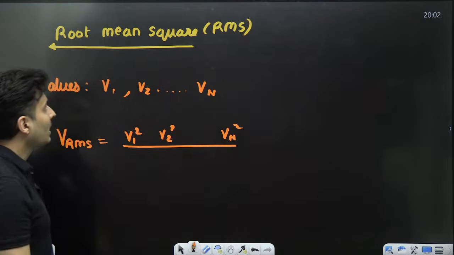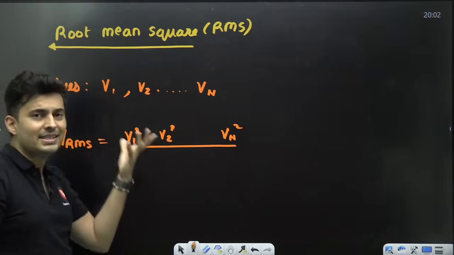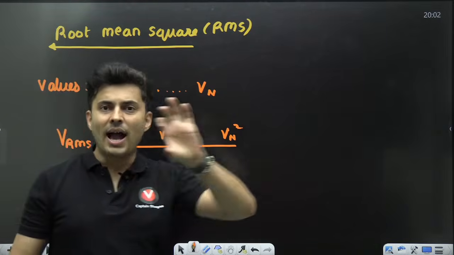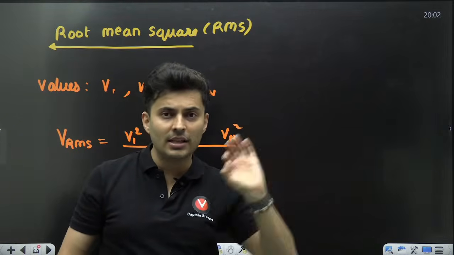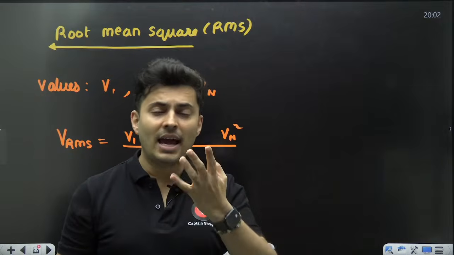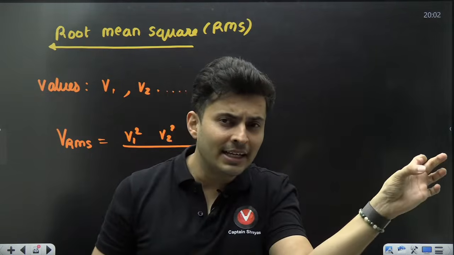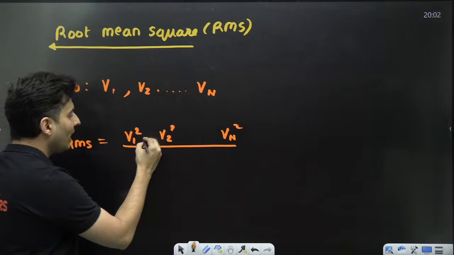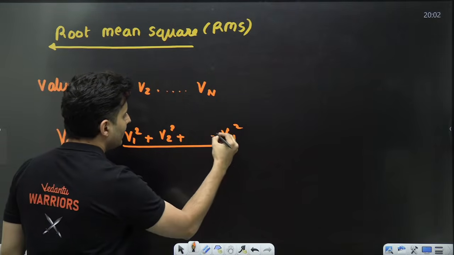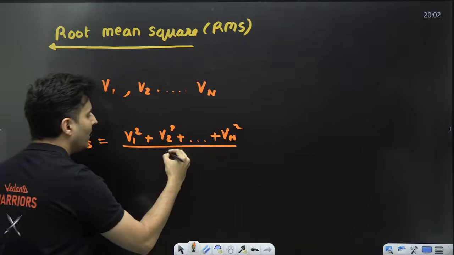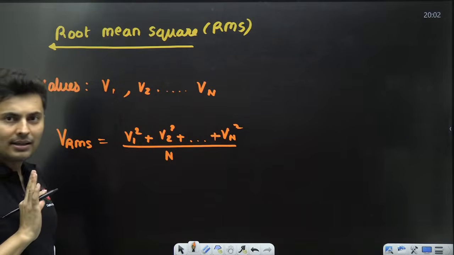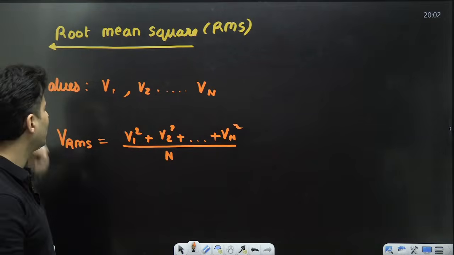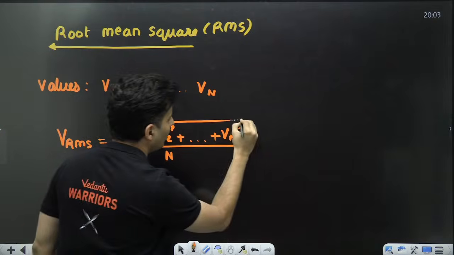Then find the mean. Mean means average. Average means you add all the numbers and divide it by the number of quantities. Like when you find average height, you add everybody's height and divide it by the number of students. Same way over here, you will add all these quantities and divide it by the number of quantities. Is that clear? Lastly, root. So just put root over here.